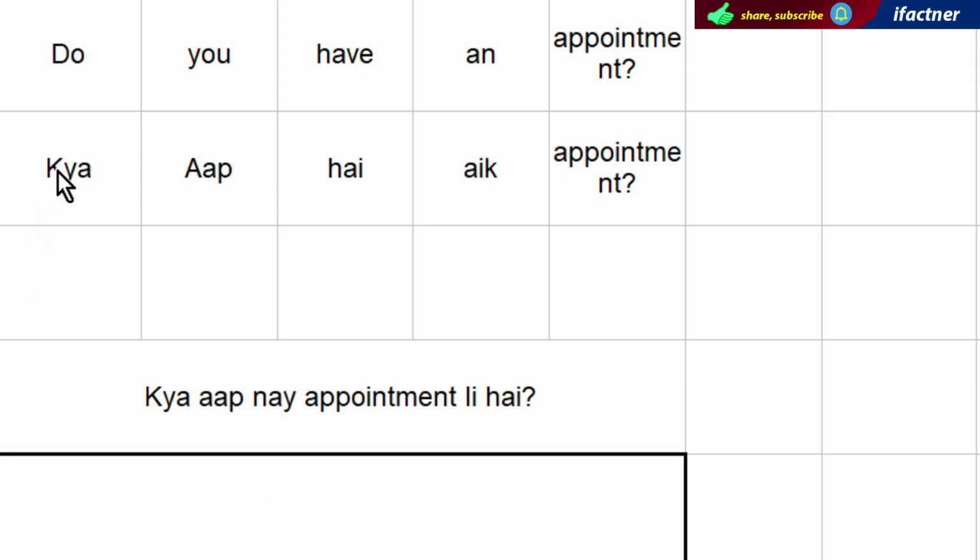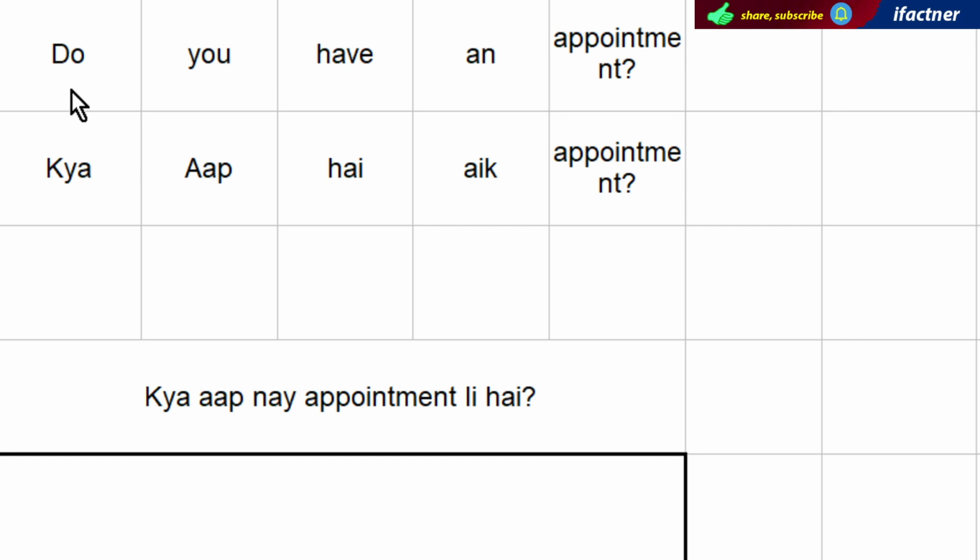Now the customer goes to the hair salon at 3 o'clock on Monday and the receptionist asks, do you have an appointment? Now do can be translated as क्या, you आप, have है, an एक, and appointment is appointment.